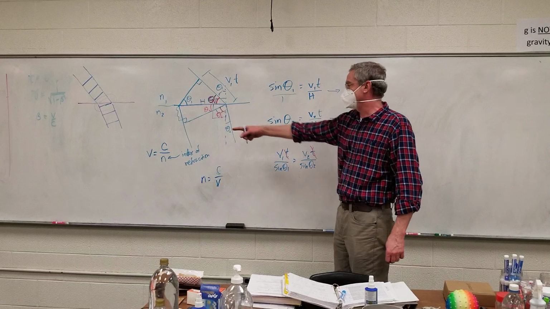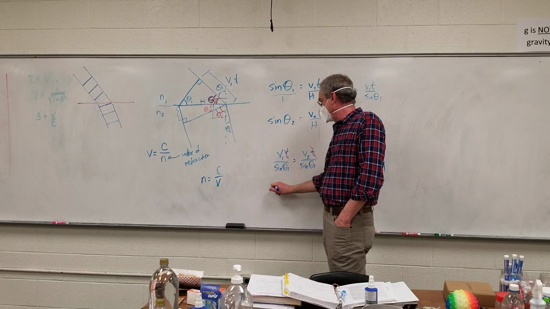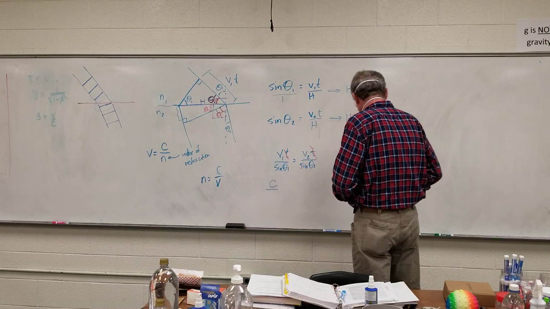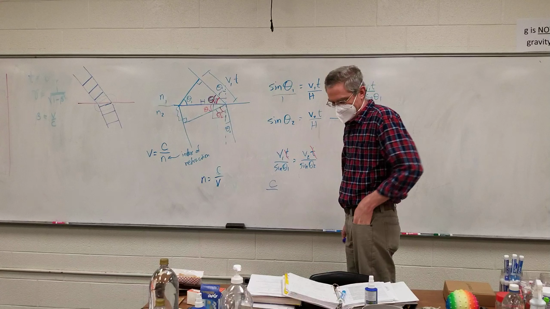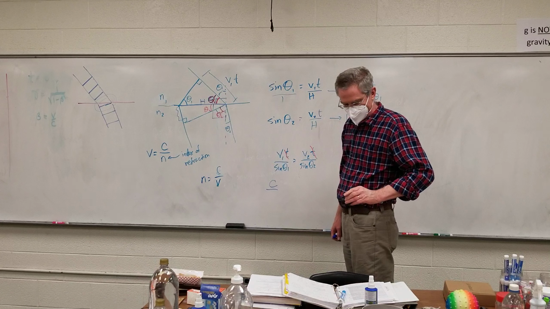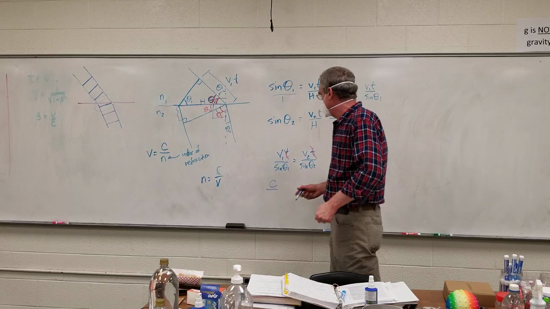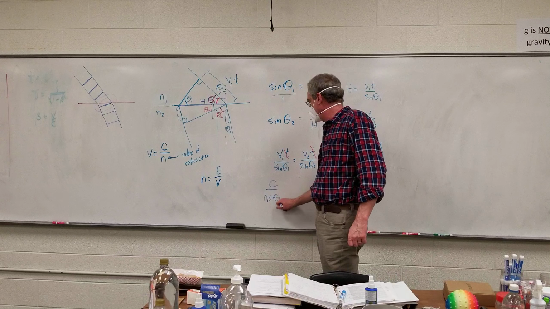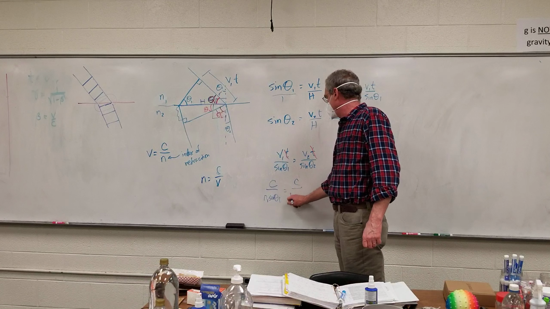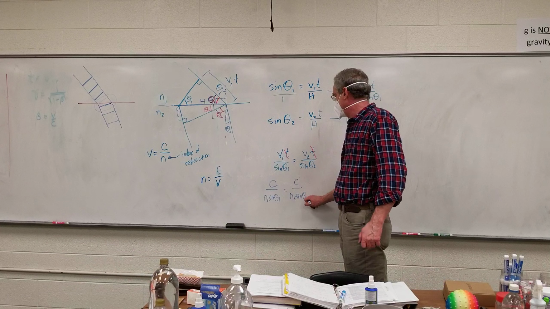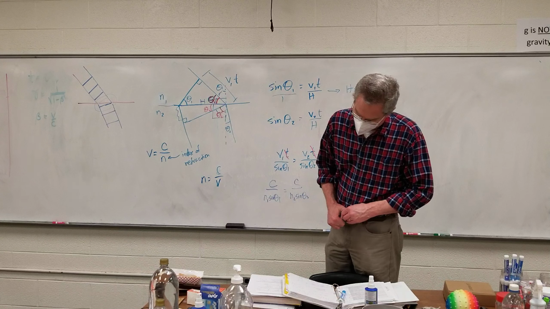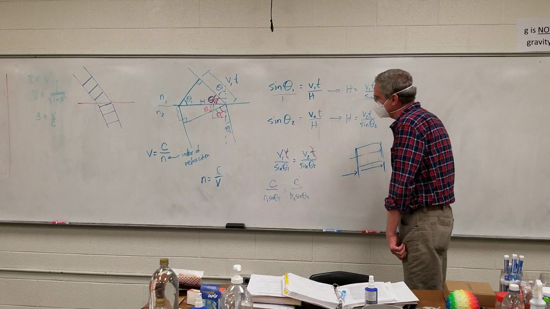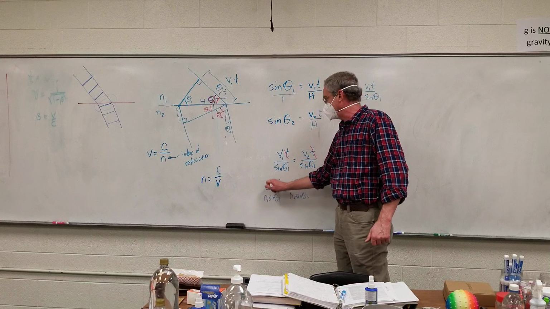All right, so we have a v here, so let's go ahead and plug that in. So this becomes c over n1 sine theta 1 is equal to c over n2 sine theta 2. The c's cancel out, we have two fractions equal to each other that we can then just take the reciprocal of.